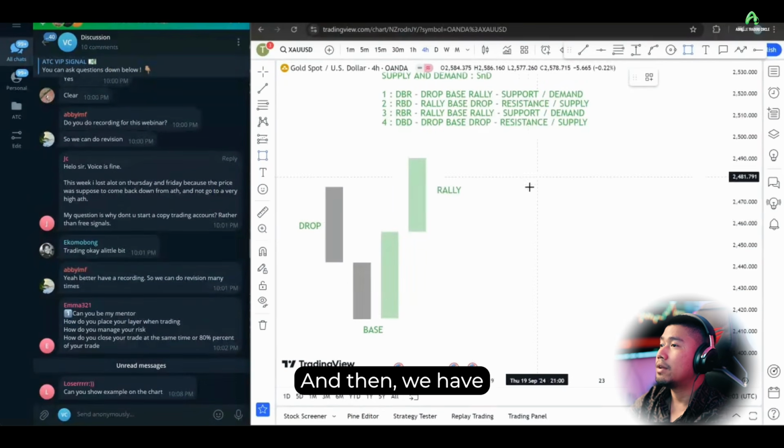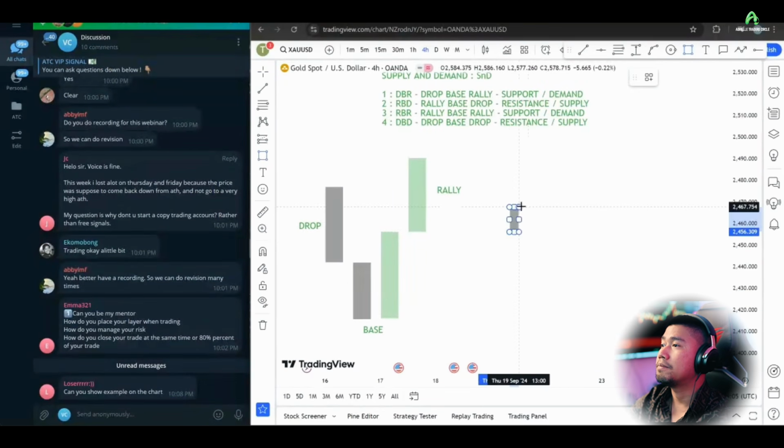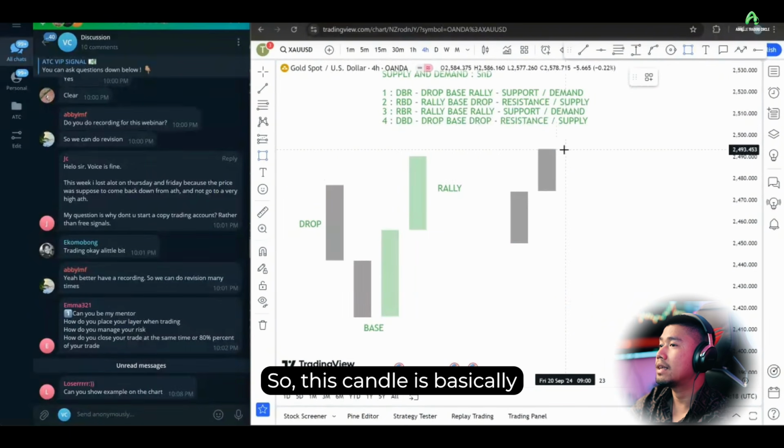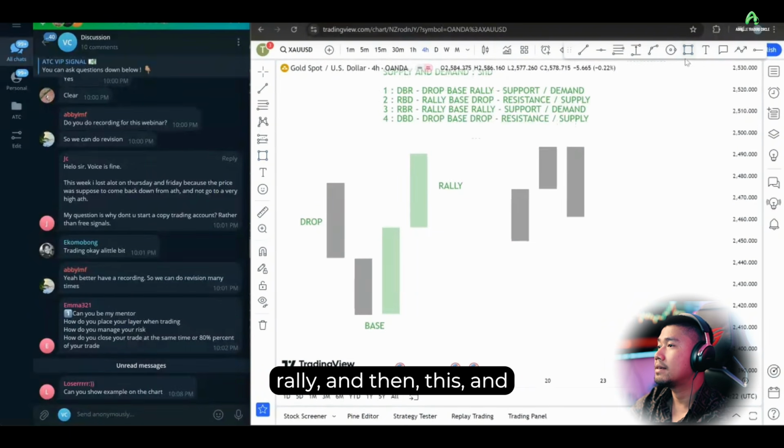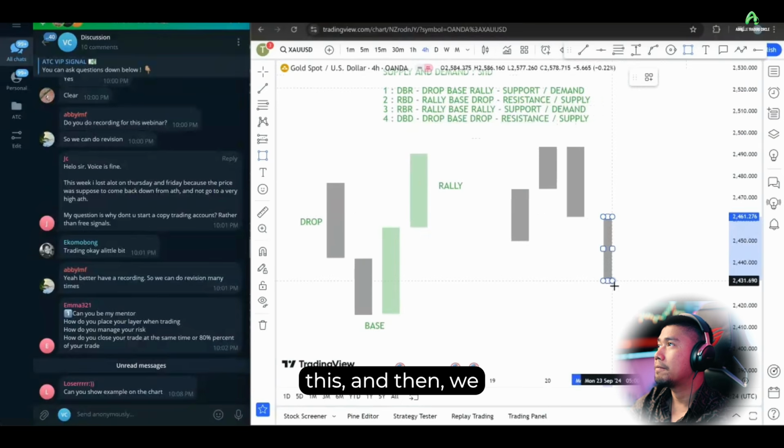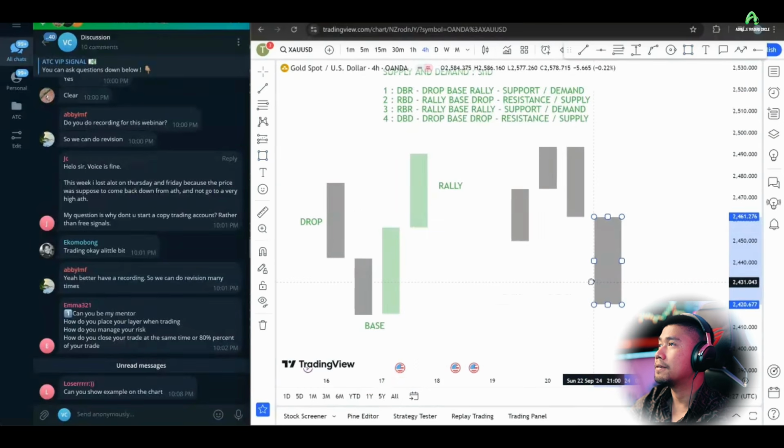And then we have rally base drop. This candle is basically rally, and then base like this, and then we have a drop candle.